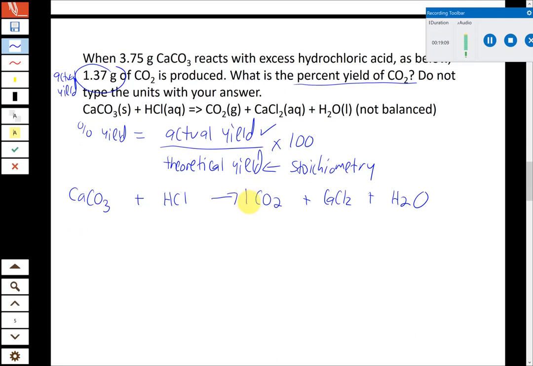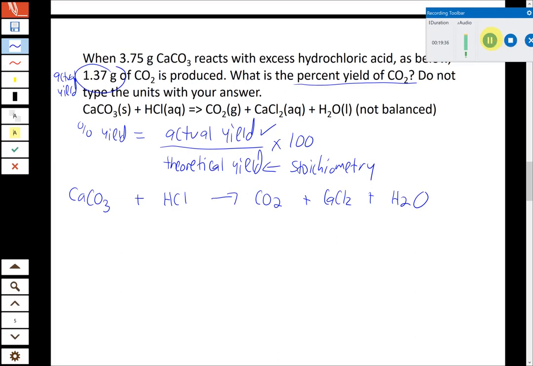The other element that appears only once is calcium. So if we have one of those, we want one of those. We have 2 chlorides, so we're going to have... I'm on the struggle bus right now. All right, I'm done spazzing out so we can balance this. That's my mistake, my fault.